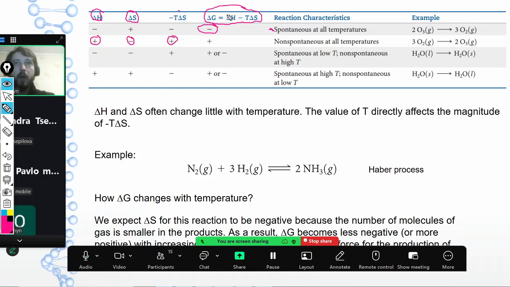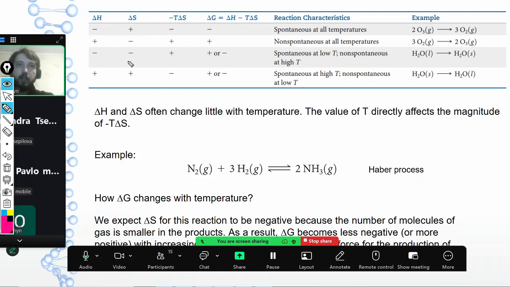And now you combine that into delta G and you always get a positive number, which means that this reaction is non-spontaneous, whatever the temperature. So it is spontaneous in the backward direction, not the forward, but backward. And here is basically the same example, but I have just swapped the places of reactants and products.